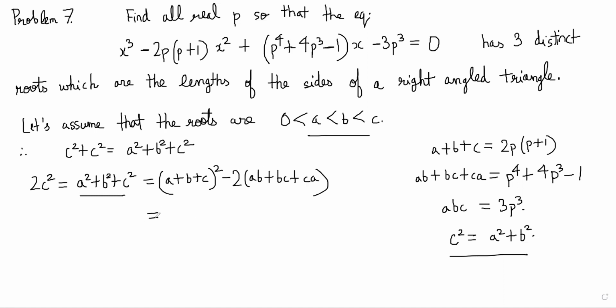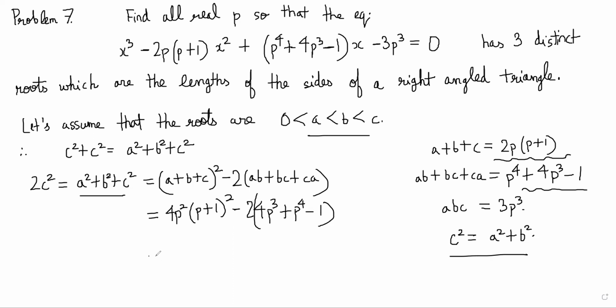And therefore, using relation 1 and relation 2, this becomes 4p square into p plus 1 whole square minus 2 times 4p cube plus p power 4 minus 1. If you simplify this a little, this turns out to be equal to twice of p square plus 1 whole square is equal to 2c square.